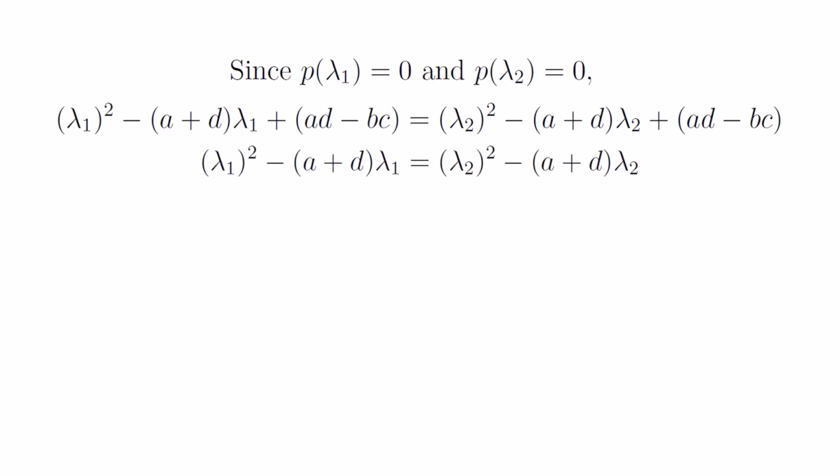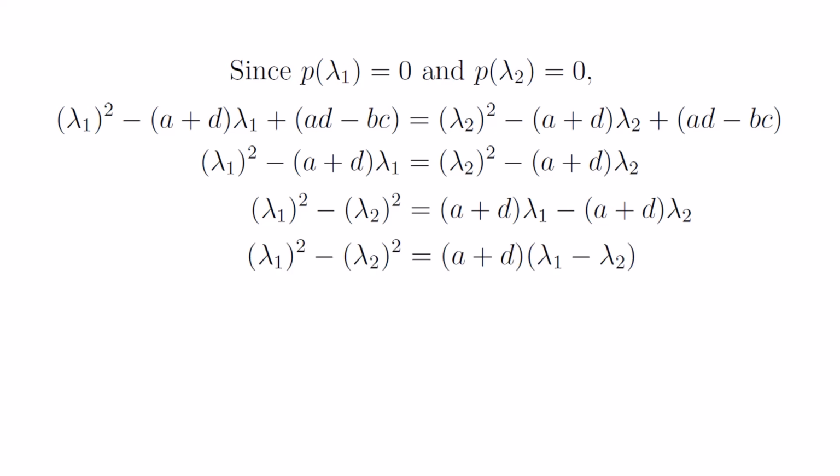Now cancelling ad minus bc from both sides gives us that λ1 squared minus (a plus d) times λ1 equals λ2 squared minus (a plus d) times λ2. Now λ1 squared minus λ2 squared equals (a plus d) times λ1 minus (a plus d) times λ2. So λ1 squared minus λ2 squared equals (a plus d) times (λ1 minus λ2).